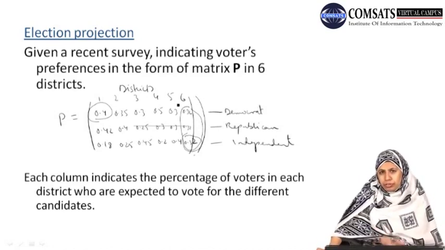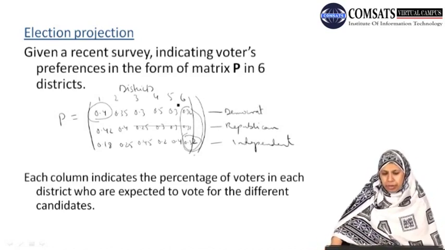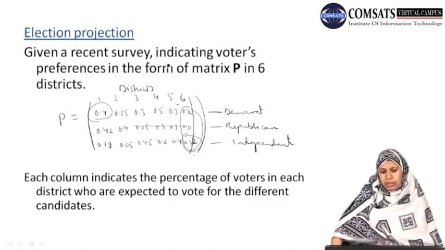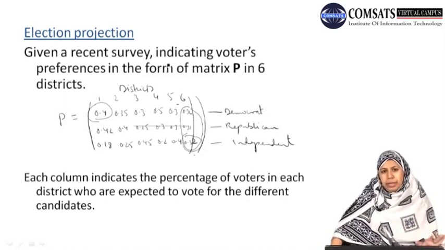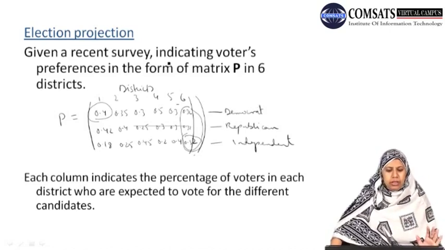And we have formulated this data into matrix form. That is, we have the number of districts, types of candidates, and the percentage of the expected voters.